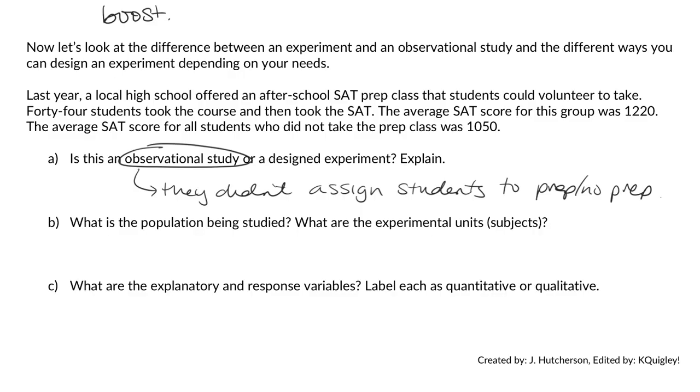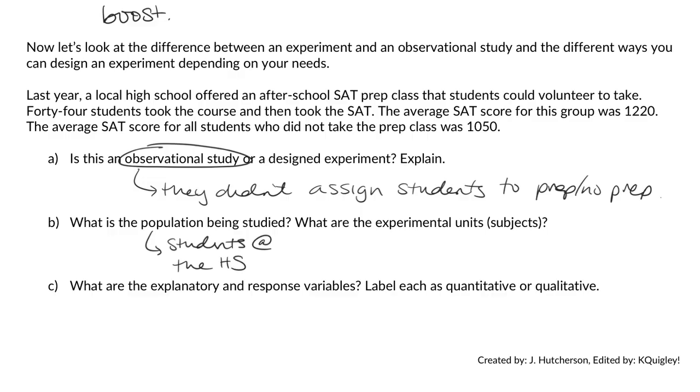Quick review of some vocabulary. What is the population being studied here? People that volunteered to take the course and people that did not. So, what does that mean our whole population is? Too big. Not people who take the SAT. More specifically, the population is the students at our high school.